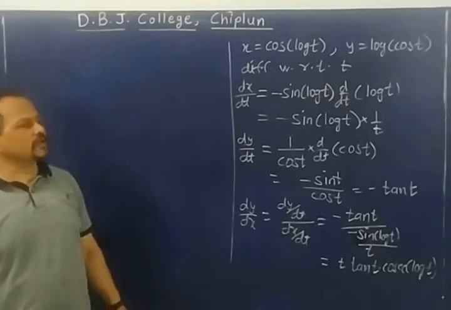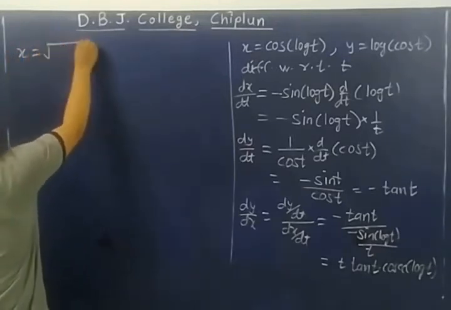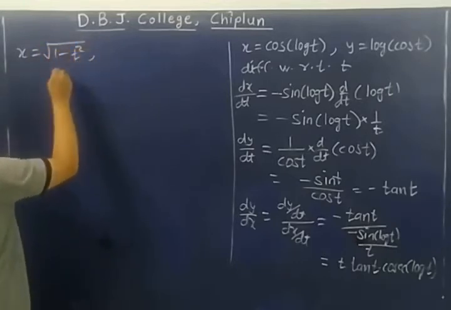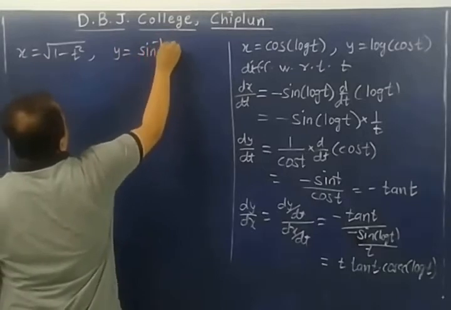Let me take one more example. Simple again. x is equal to square root of 1 minus t square and y is equal to sine inverse t.